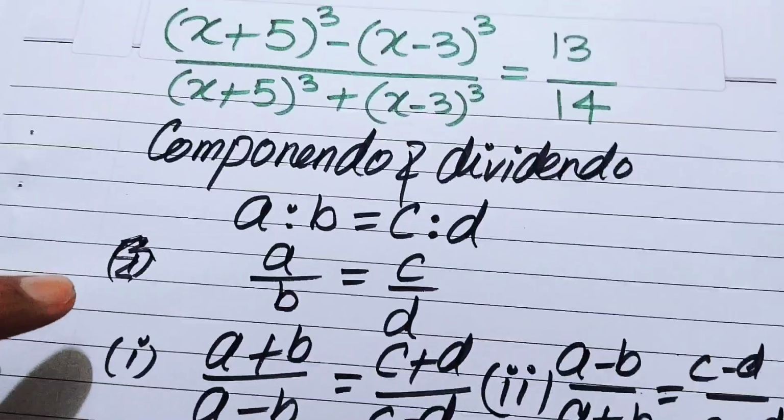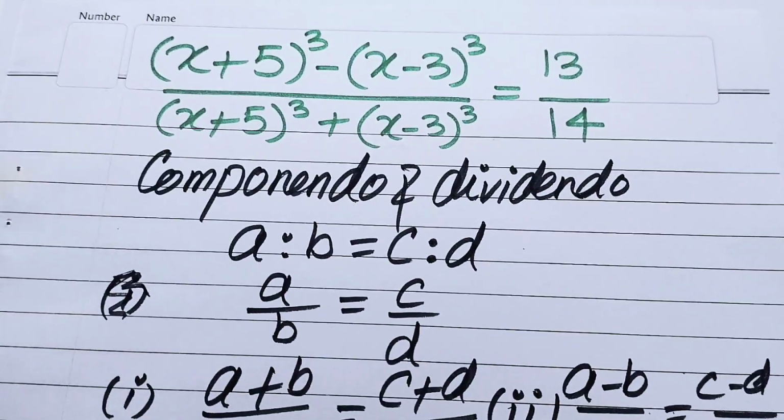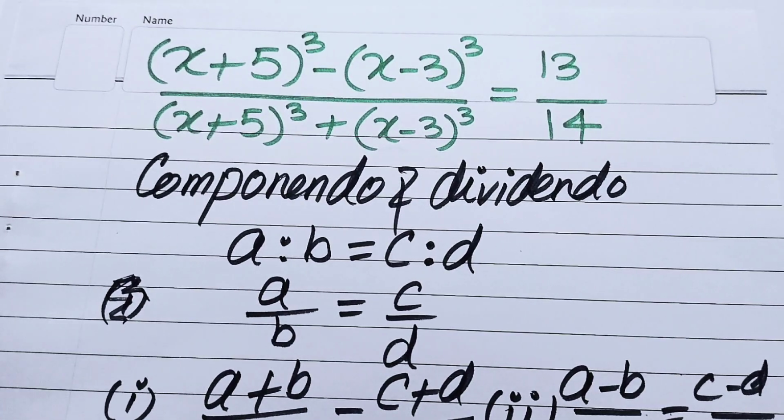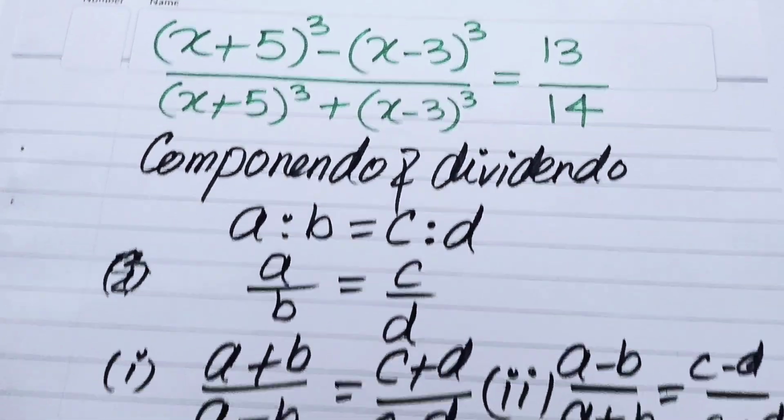Now we use this theorem and solve this problem for the values of x. We add or subtract the denominator on the numerator side.